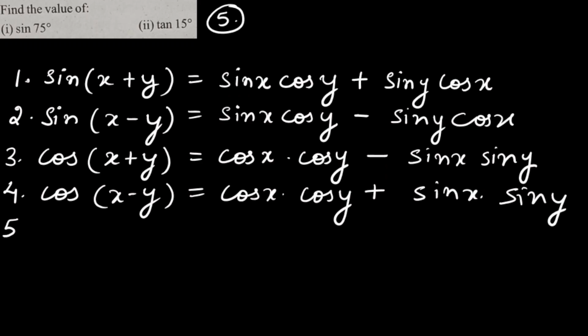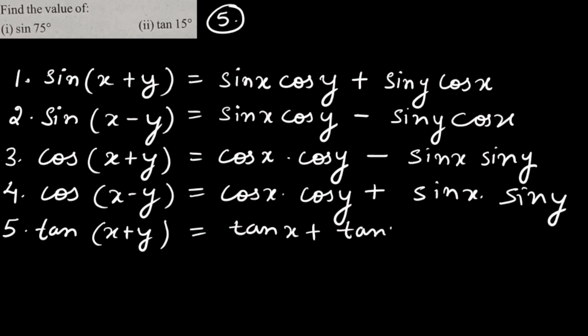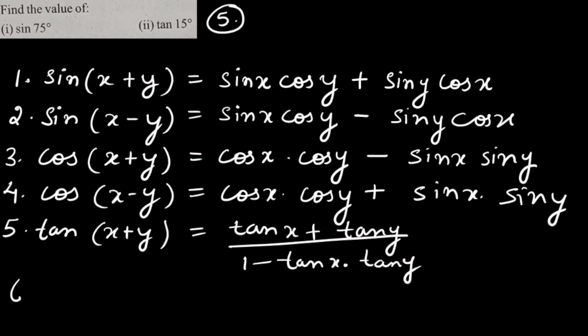Then we have the fifth one, tan x plus y. Tan x plus y is equal to tan x plus tan y upon 1 minus tan x into tan y. Then the sixth one is tan x minus y.